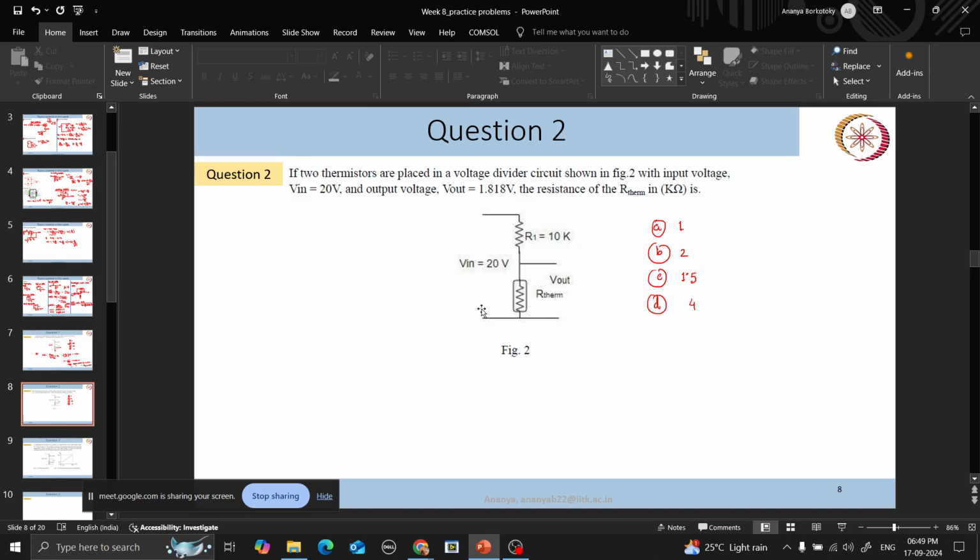So there is only one unknown, everything else is known. We only don't know the resistance of the thermistor. So we can use the expression Vout is equal to R2 by R1 plus R2 multiplied by Vin. So using that formula we can get the resistance of the thermistor.